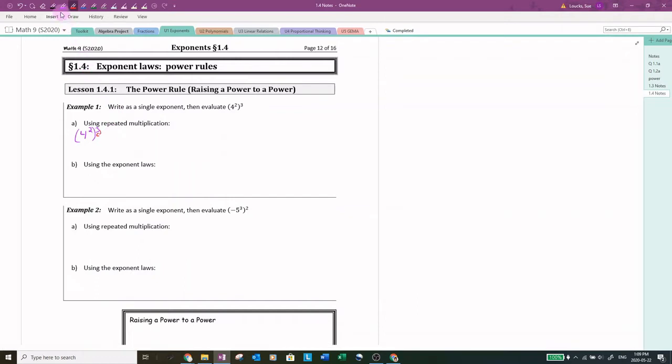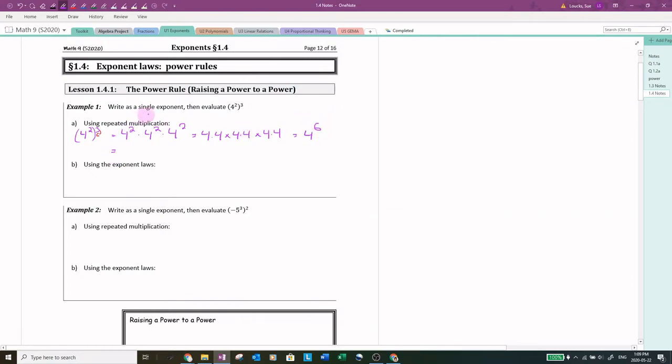So this actually equals 4 squared times 4 squared times 4 squared, right? And we can write that out as 4 times 4 times 4 times 4 times 4 times 4, which is 4 to the 1, 2, 3, 4, 5, 6, 4 to the 6.